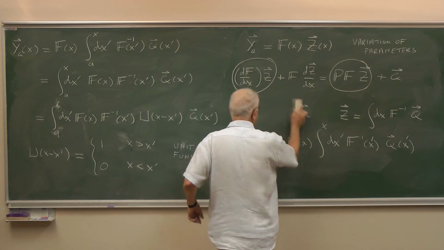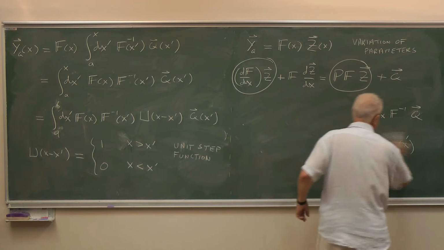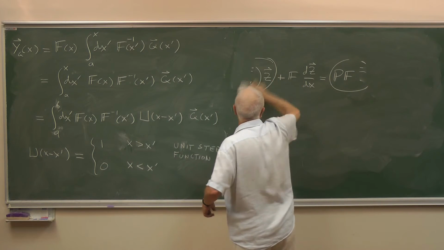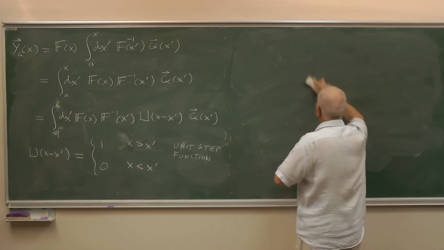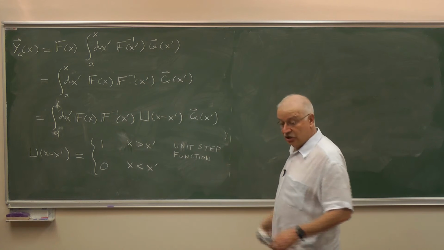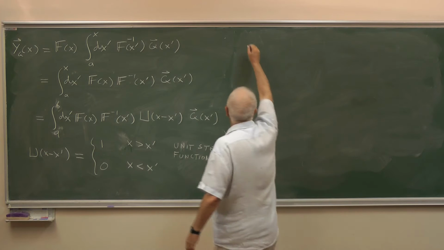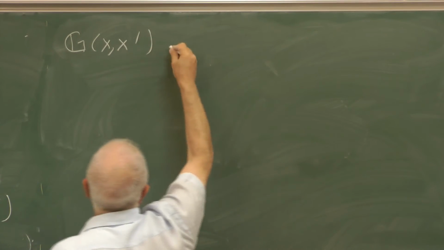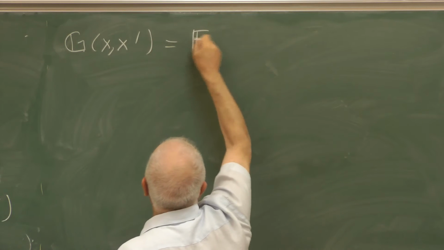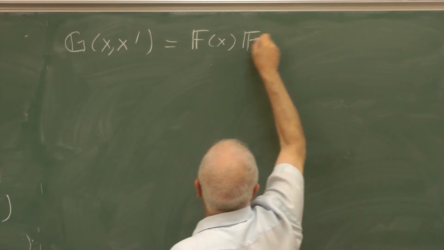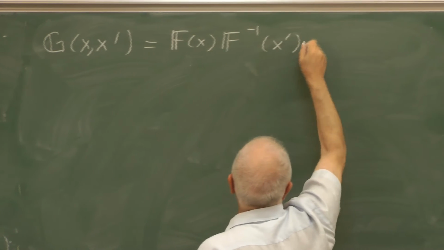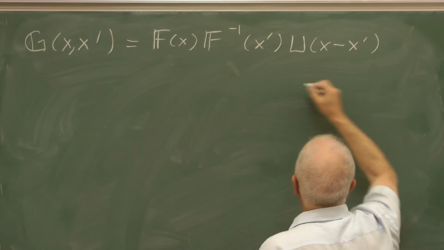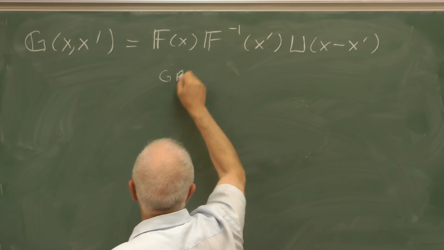Now, one defines at this point G of x, x prime as F of x, F inverse of x prime, u of x minus x prime. This is the so-called Green matrix.